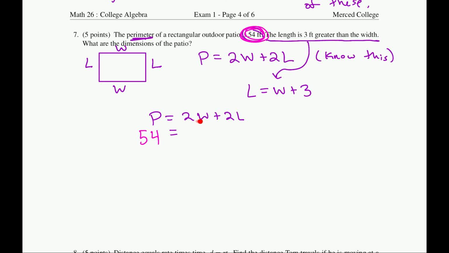Then you've got 2W plus 2L. But we have this equation telling us that L is actually W plus 3. So you replace L with W plus 3, like that.